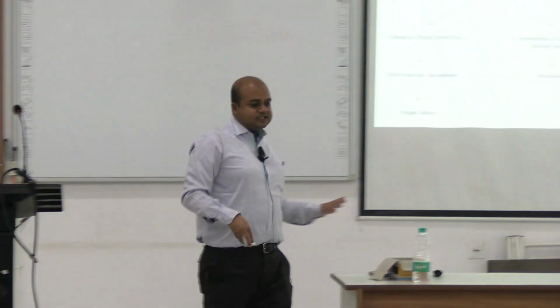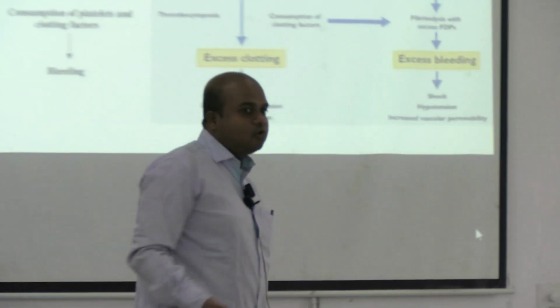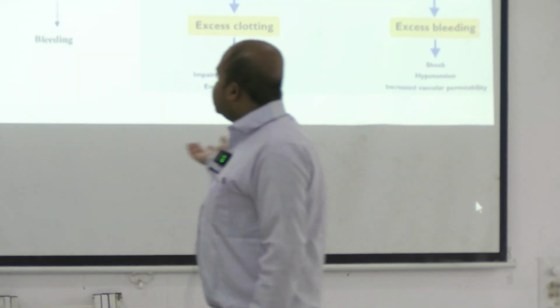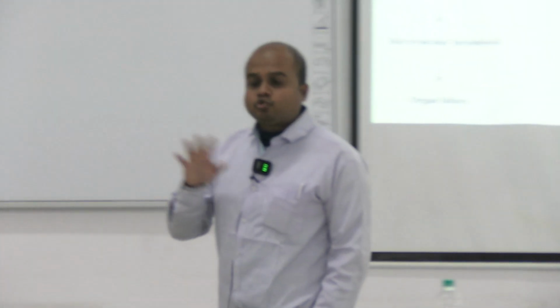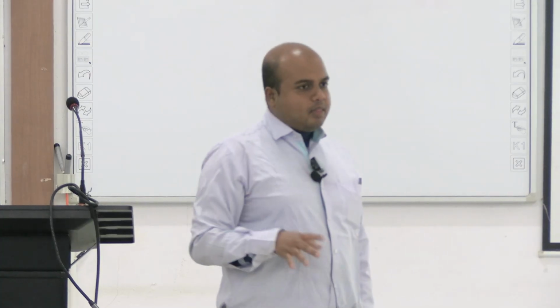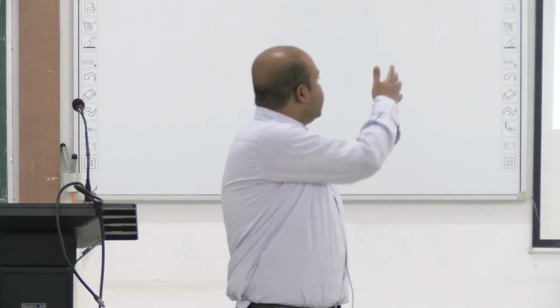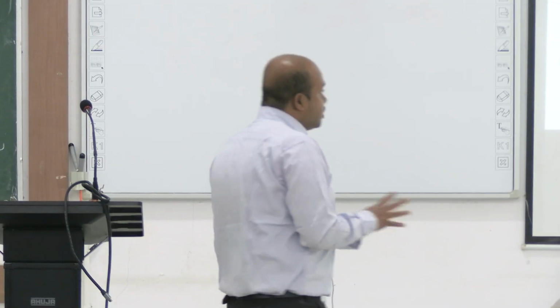Disseminated means widespread. Within the vascular system this hypercoagulable state is occurring. There are so many underlying disorders leading to DIC, but what it does is systemic activation of coagulation due to enhanced fibrin formation and consumption of platelets.